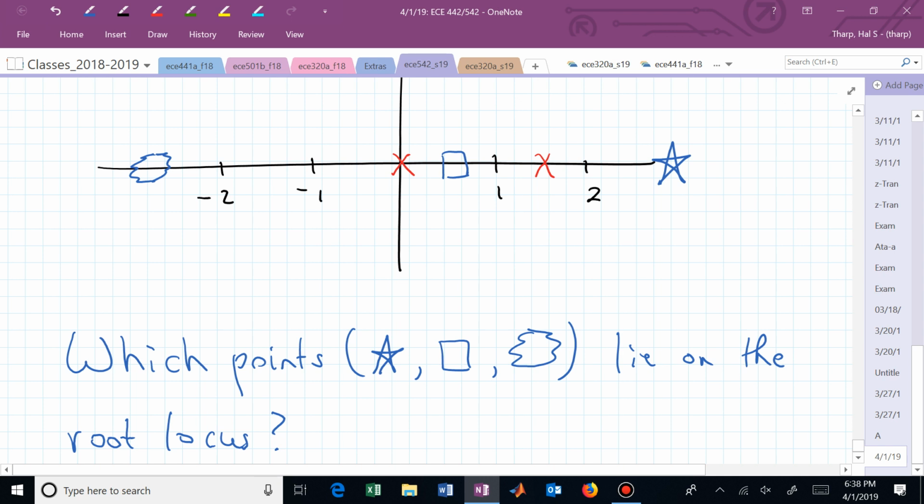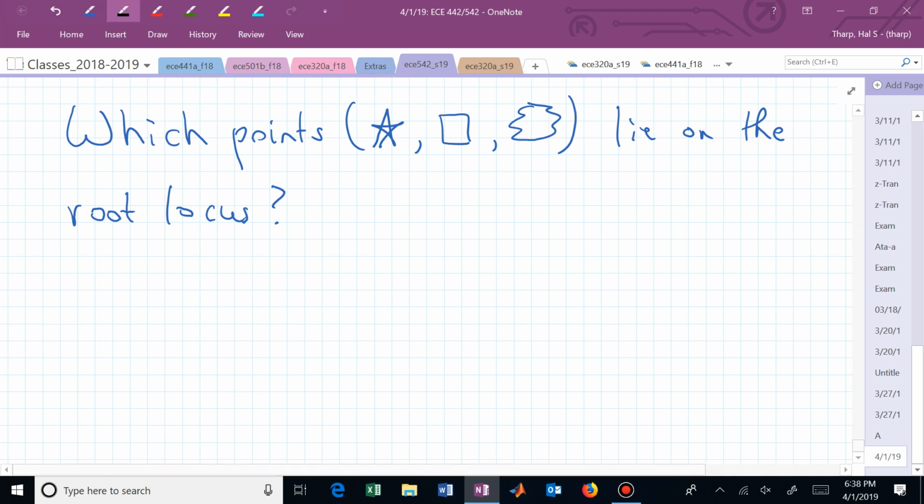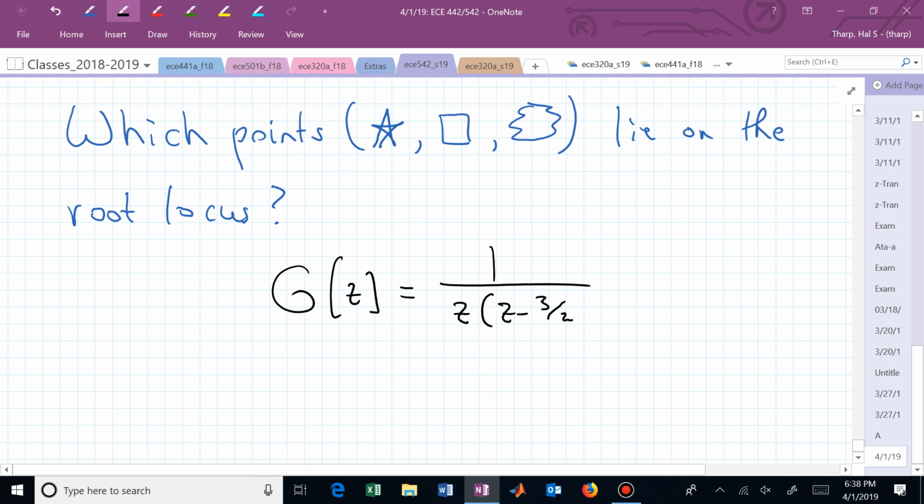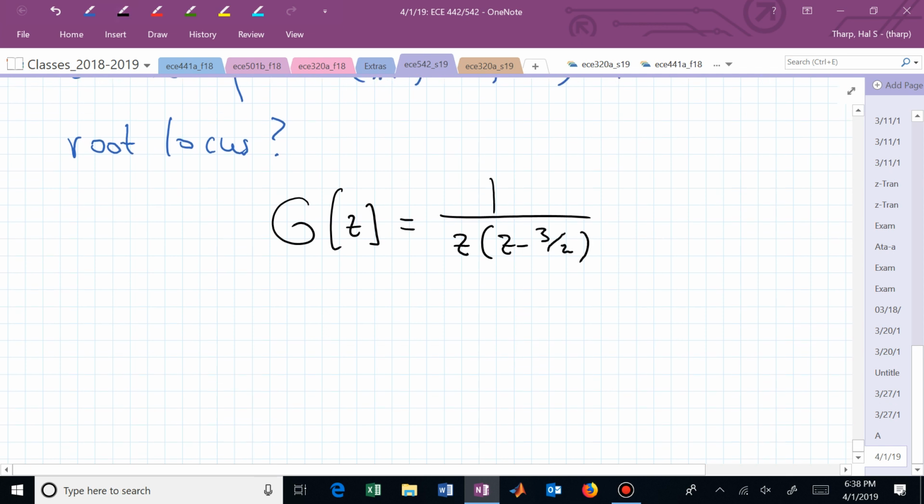If we look at g of z in general, we might have a polynomial in the numerator and a polynomial in the denominator.